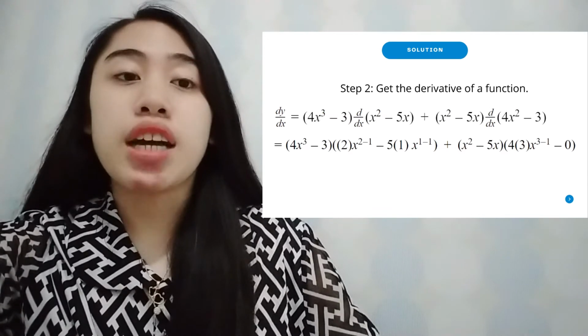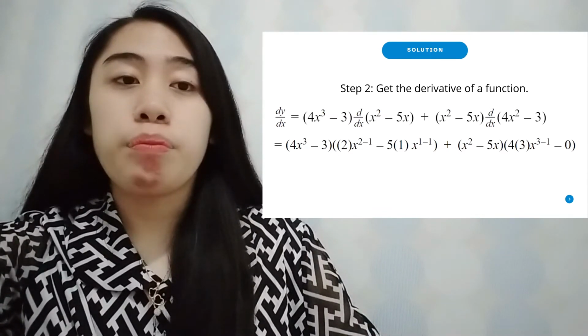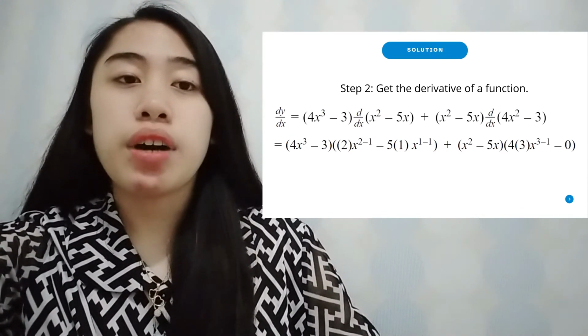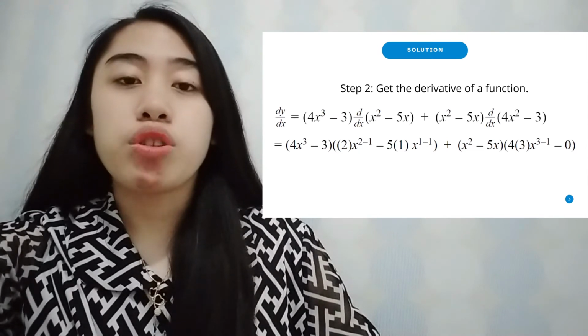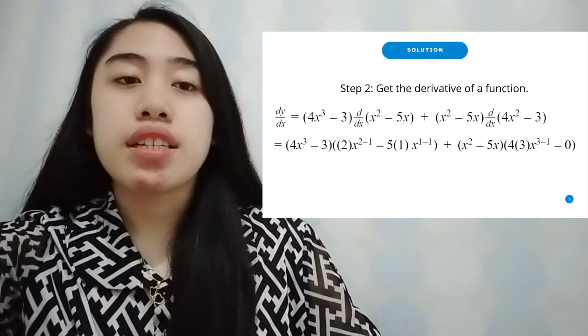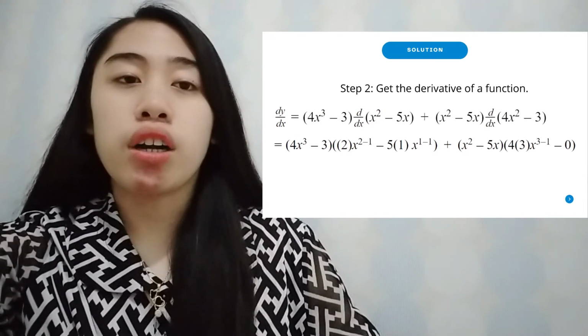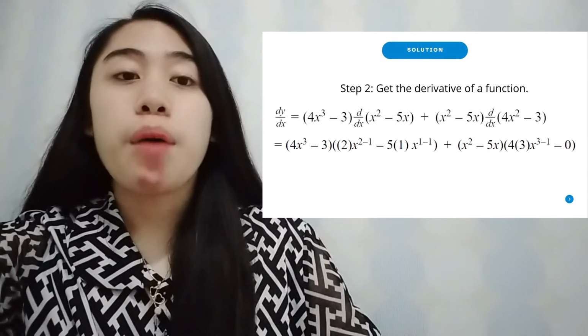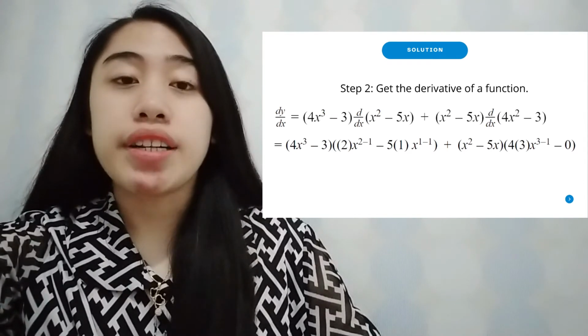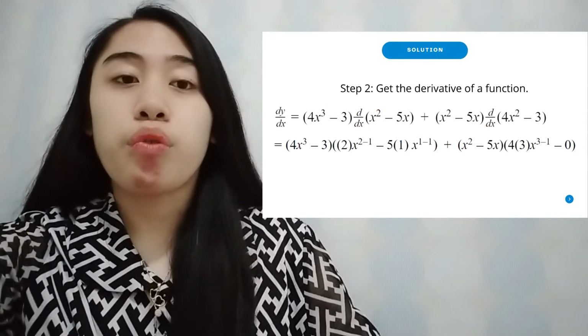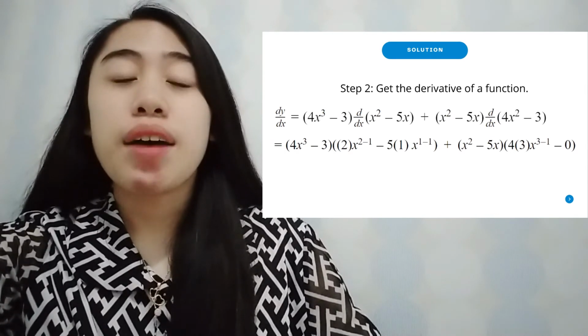So it will become 4x cubed minus 3 times 2x to the power of 2 minus 1 minus 5 times 1x to the power of 1 minus 1 plus x squared minus 5x times 4 times 3x to the power of 3 minus 1 minus 0.